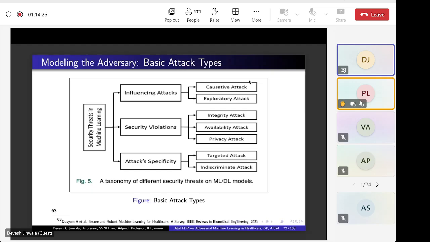He would be able to maliciously influence the training data in such a way that the model would not perform properly. That is what would be considered a causative attack. And so the term which I used, data poisoning, is the same as causative attack. And the other term which I used was evasion attack, which is the same as exploratory. Evasion would be taking place during deployment, and those are known as evasion attacks.